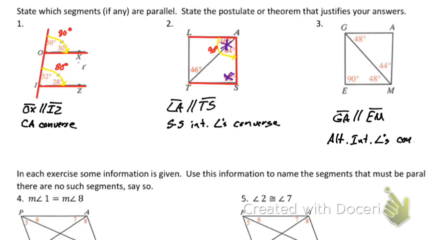Do you mind if I check your work? So you're saying GA is parallel to EM, which means this could be a transversal. So you're telling me that 48 is equal to 48? Then you're right. Our alternate interior angles are congruent, so they have to be parallel.